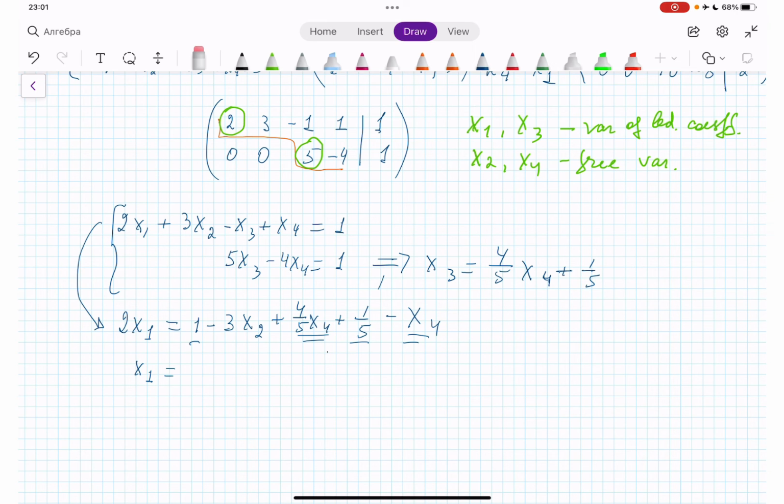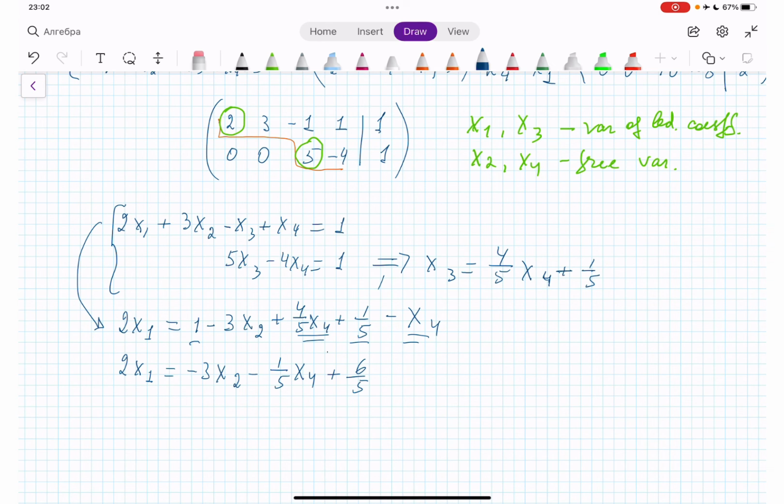So 2x1 is equal to negative 3x2 minus 1/5 x4. I combined them: negative 1 and 4/5 is going to be negative 1/5 x4, and plus 6/5. I combined these like terms.